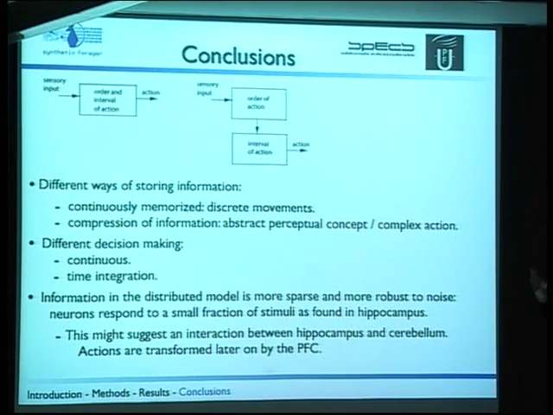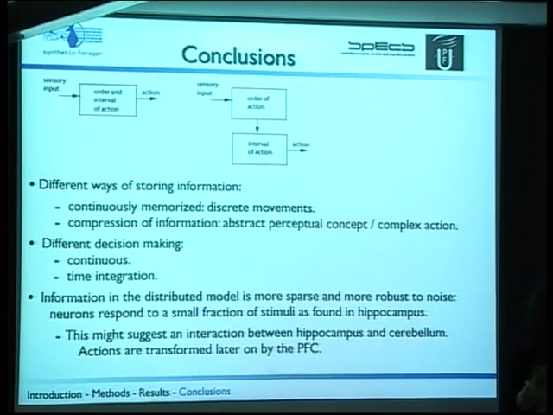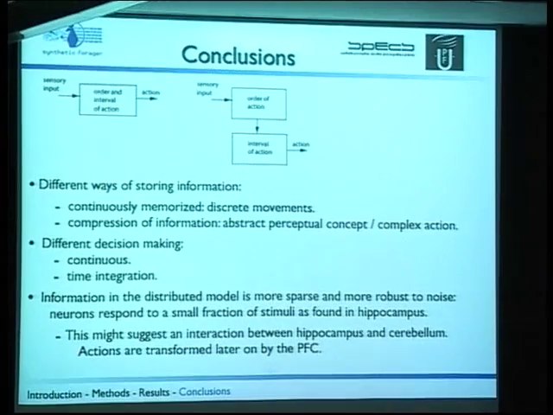Whereas the distributed model meant a compression of information in memory, which we could maybe think about as having an abstract perceptual concept stored in memory together with a complex action, which means, for instance, having stored in memory the concept of a glass together with the complex action, which could mean breaking the glass.